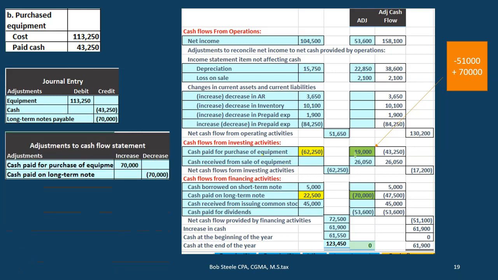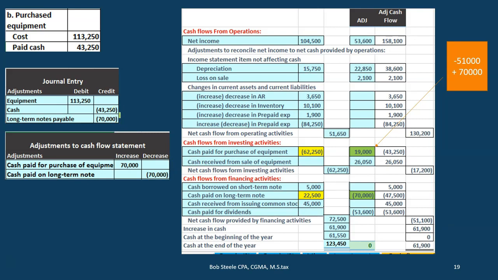And part of that is going to be here. Now, remember last time we brought it up by the $51,000 from the last transaction, and we were at $113,250 in this amount. And that would be how much cash we had paid if we had paid all cash. Now, this journal entry is saying we didn't pay all cash. We financed part of it, and we only paid $43,250 in cash.